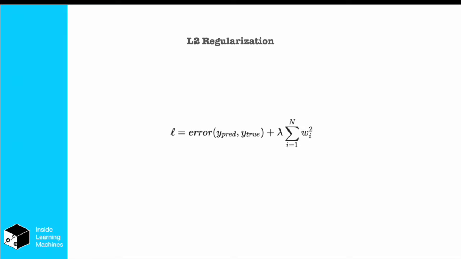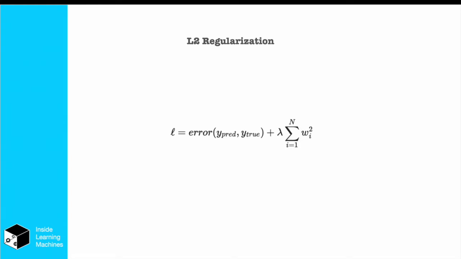L2 regularization is similar to L1, except that instead of looking at the absolute value of our model weights, we look at the squared model weights instead. Again, like the L1 regularization, we tune this with the lambda parameter. And this is in fact what we're setting when we do hyperparameter tuning with these regularization terms.